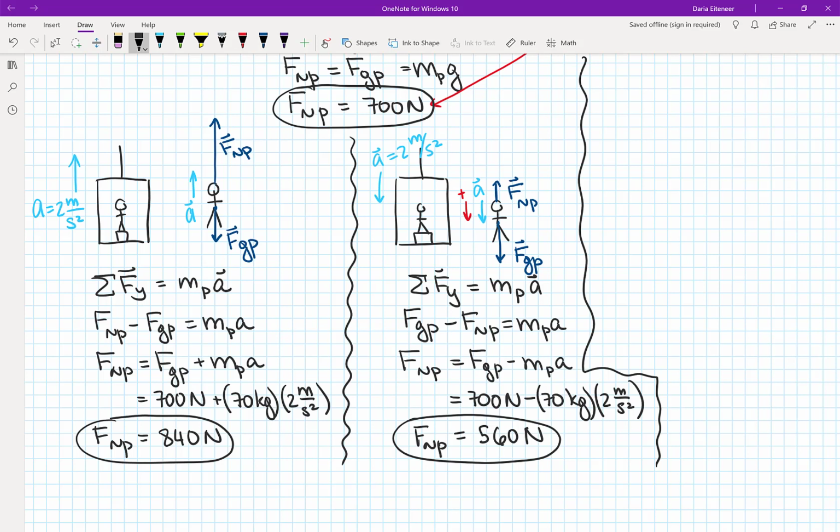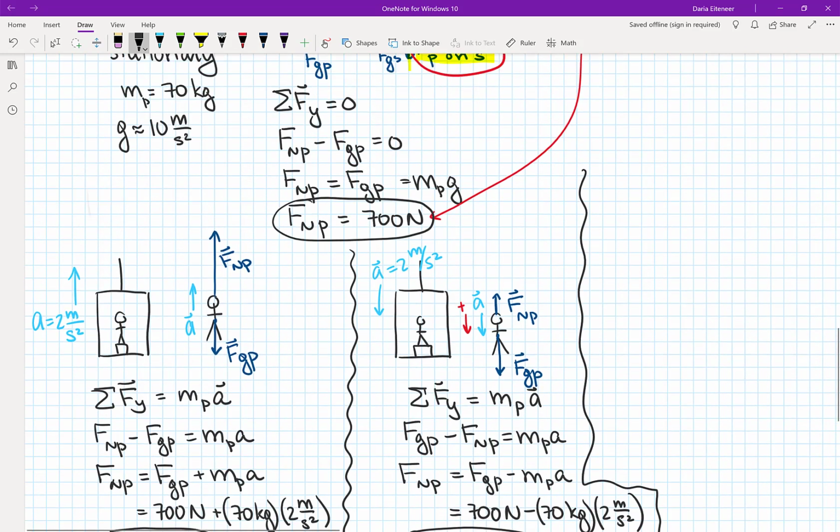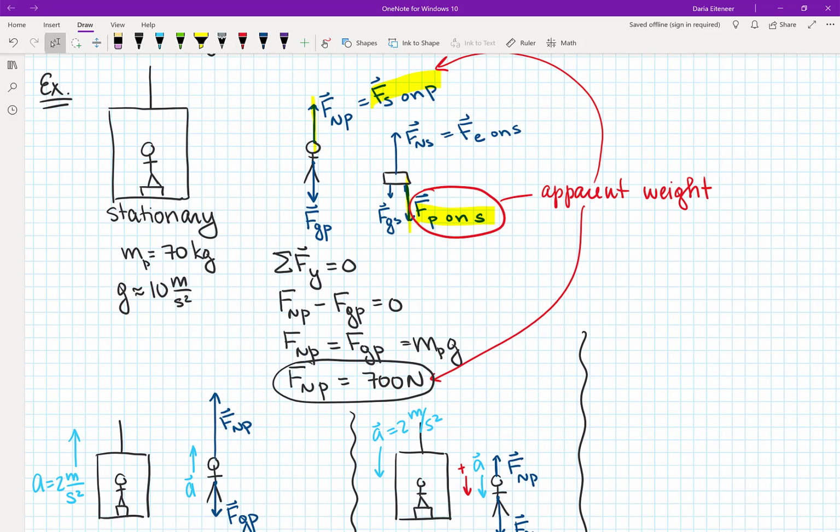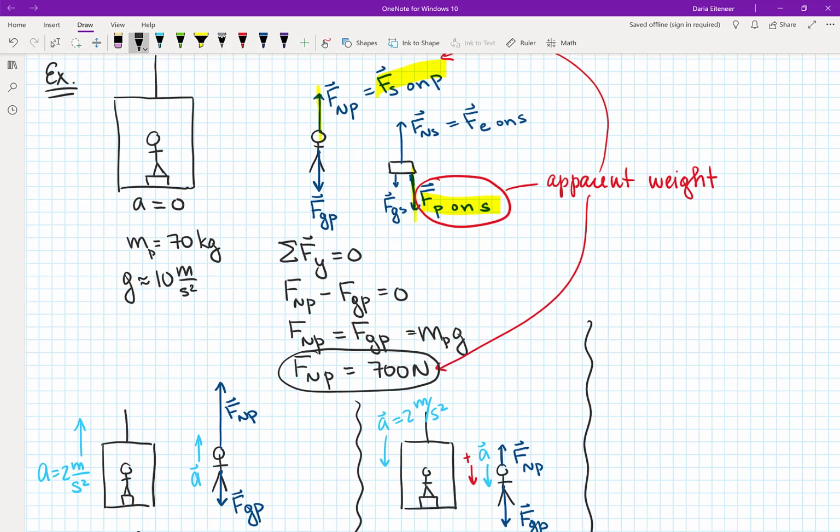It's only happening while the elevator is accelerating. So as soon as the elevator stops accelerating, we're going right back to that first scenario. Yeah, I wrote stationary here, but I really should have said equilibrium, right? I really should have said acceleration is equal to 0. Because it really doesn't matter if velocity is 0 or if it's just constant.